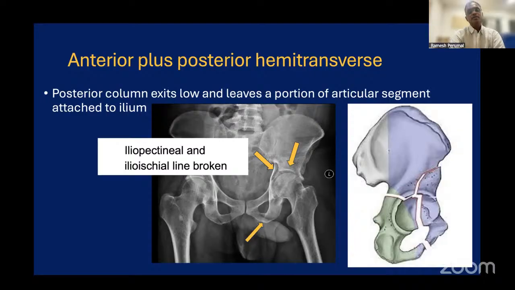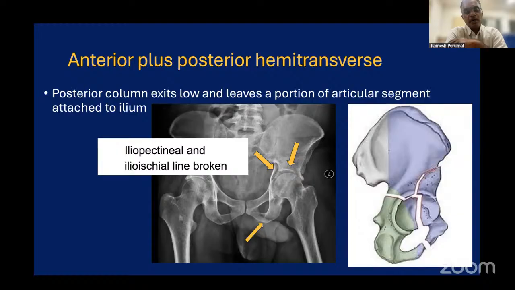There are certain features which differentiate between both of them. At the end of the class, we'll form an algorithm on how to read all these X-rays. Here, in an anterior column with posterior hemitransverse, the finding is that both the lines are broken. The posterior column exit is a second fracture line which usually exists at a very low level, and the majority of the time a portion of the articular segment is attached to the ilium.